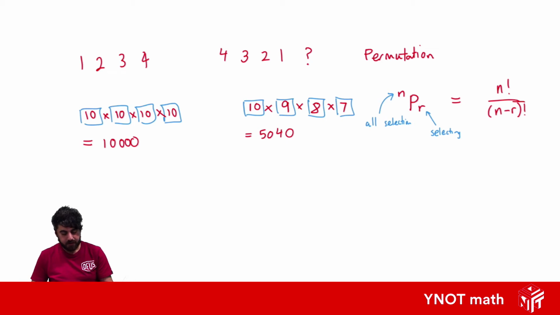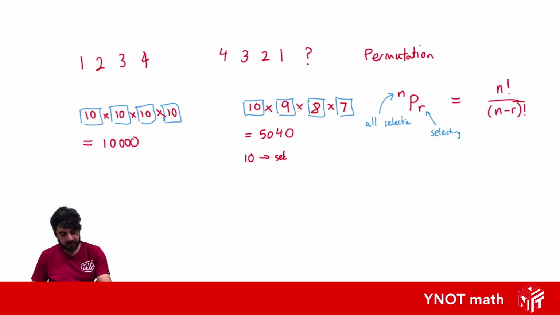And how can we use that in the example we just did, where the digits were not repeated? So again, we can only use this if there's no repetition. So here we had 10 digits to select from.